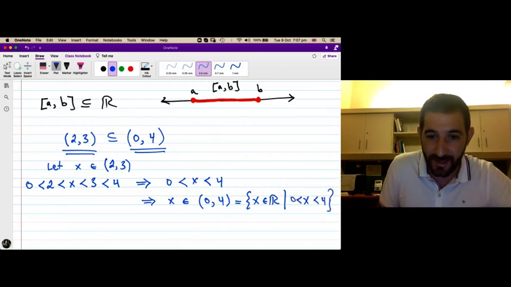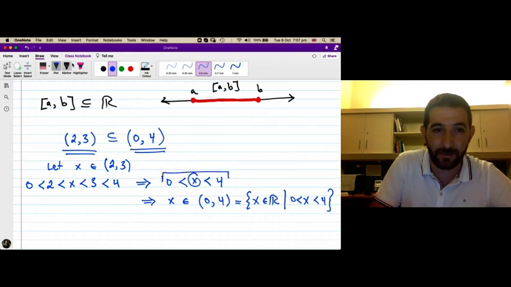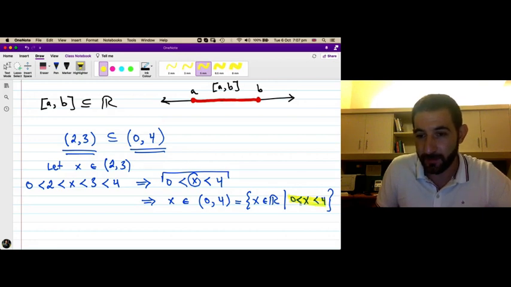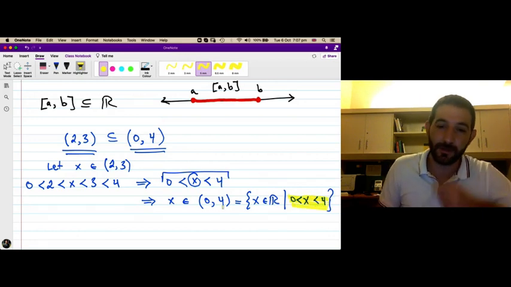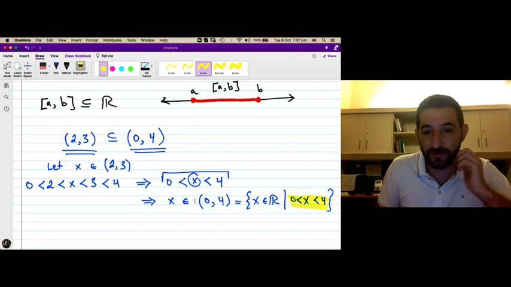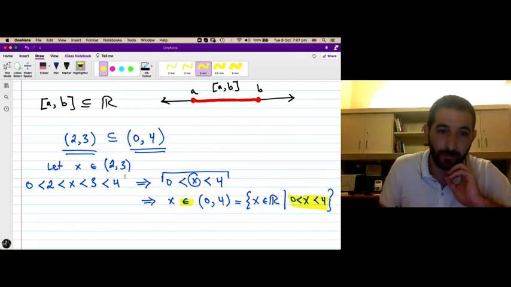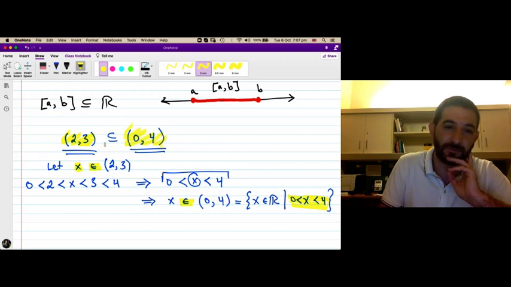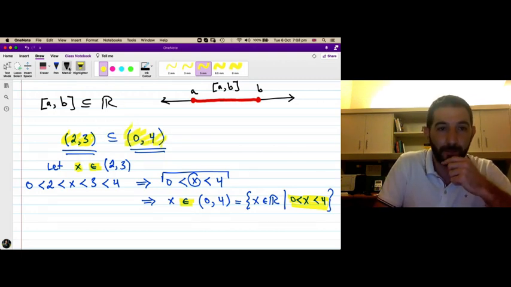Since x satisfies the membership condition, that you should be between 0 and 4, then it's an element. So we prove that every element x of the left-hand side is also an element of the right-hand side. So this means that this interval is a subset of this interval.